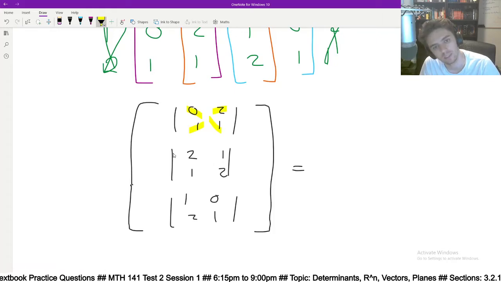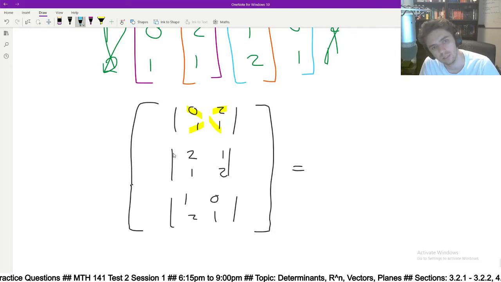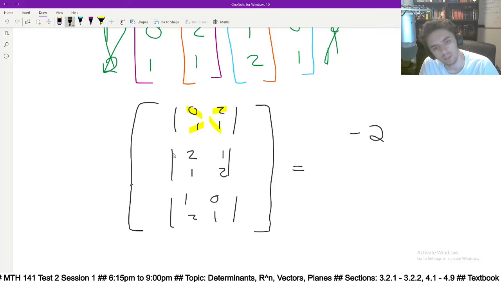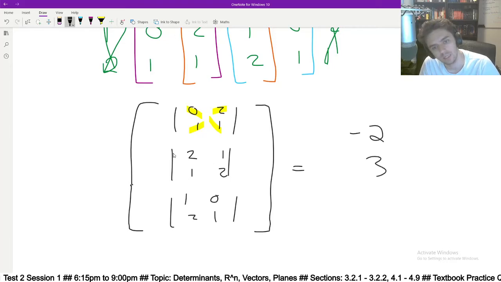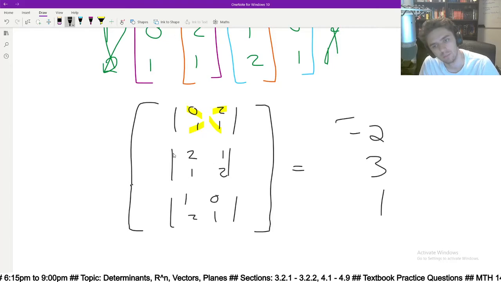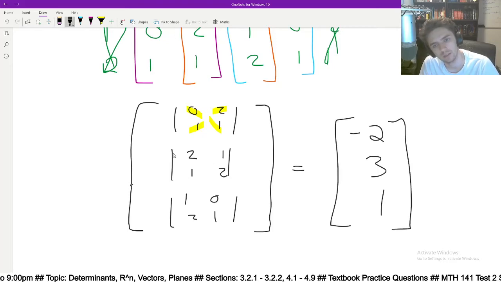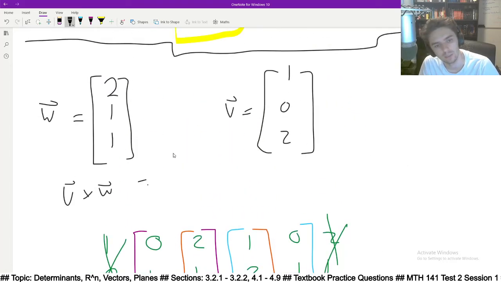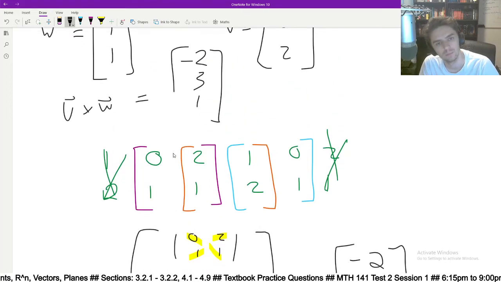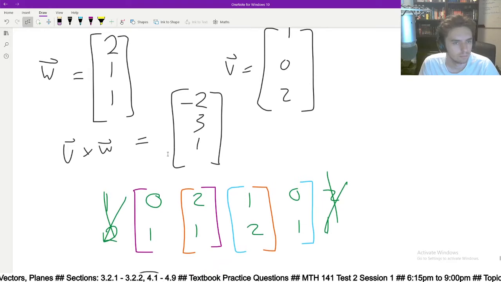So 0 times 1 is 0, minus 2, that's negative 2. 2 times 2 is 4, minus 1 is 3. 1 times 1 is 1, minus 0 is 1. So v cross w is negative 2, 3, 1. And there you go.